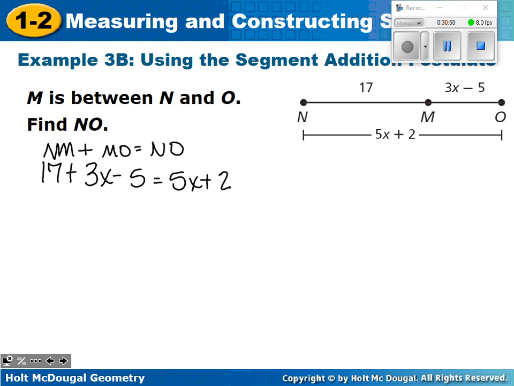I don't care. And then show your work. So let's do our algebra. What could I do on the left-hand side here to make it simpler? So I have 17 and negative 5, right? So what's 17 minus 5? 12. So I'm going to have 12 plus 3x equals 5x plus 2. What do we want to do from there?